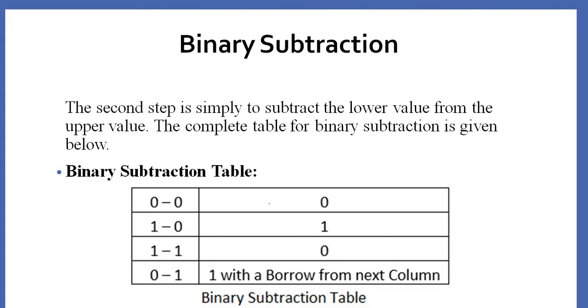Now if it is 0 minus 1, that is, if 0 is the upper value and 1 is the lower value, meaning the upper value is less than the lower value, then you take 1 as a borrow from the next left column for further progression.